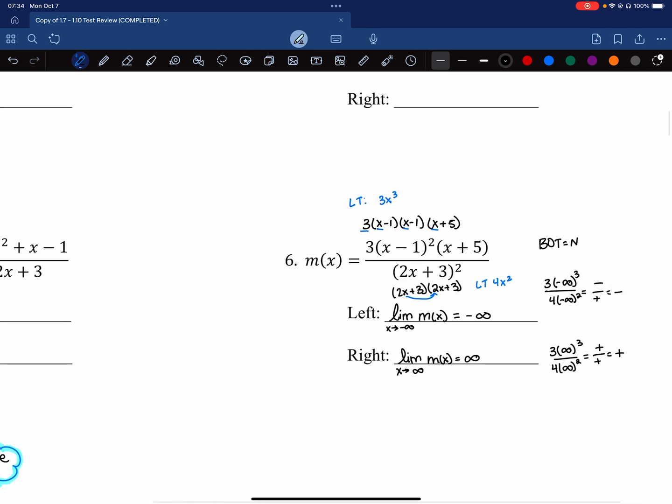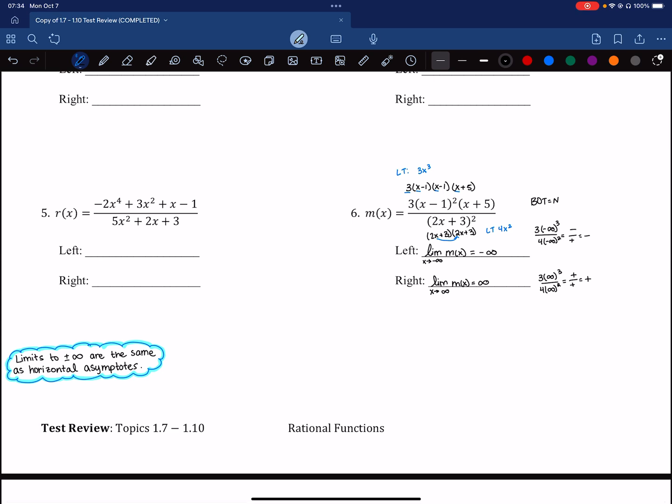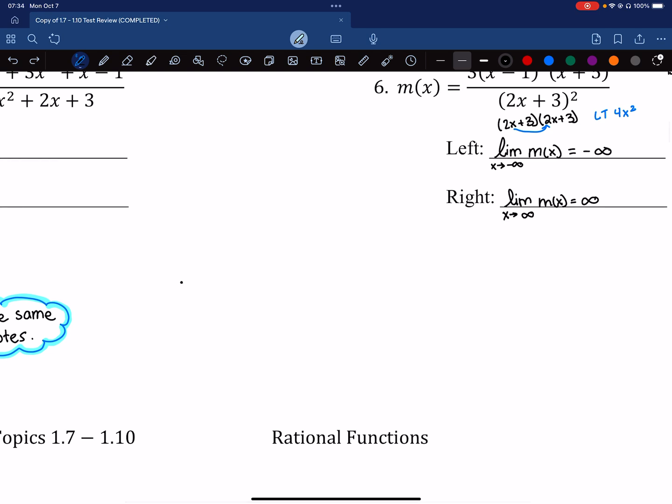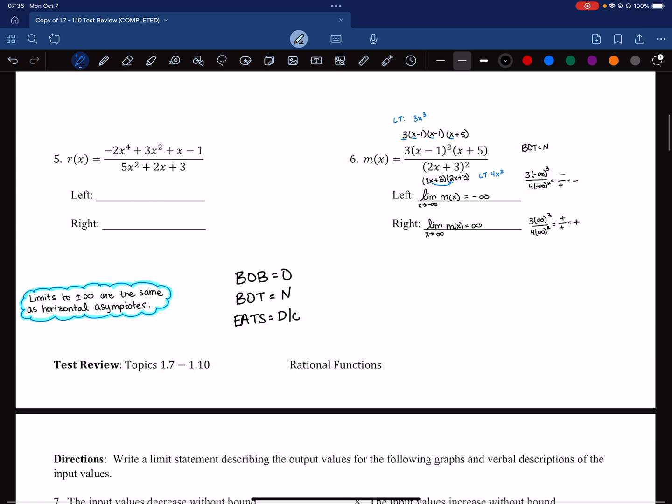Remember, on questions 3 through 6, this is where you're looking at BOBO, BOTN, and EATS DC. Bigger on bottom, the asymptote is 0. Bigger on top, there is no asymptote. And if the exponents are the same, then you divide their coefficients.